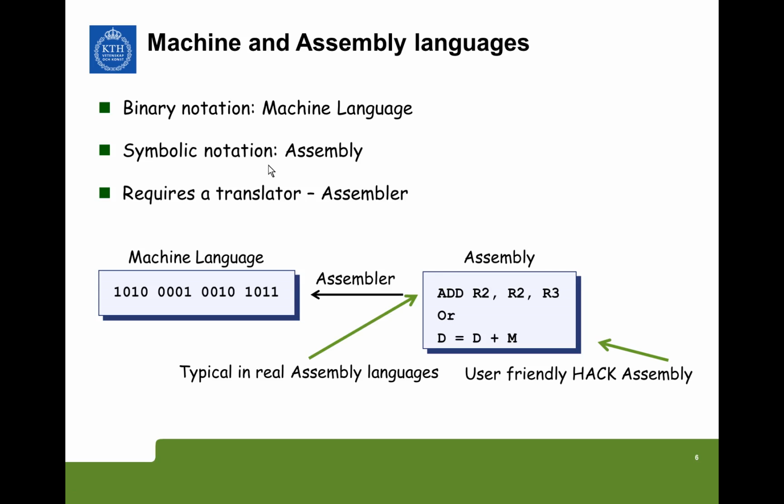It also means that we will need a translator, right? The translator will turn the assembly code to machine language code. We will call this translator the assembler. Here we can see typical ways of representing instructions in assembly. This first one is rather general in real assembly languages. In the hack machine, we will use a simple formulation that is easier to understand.